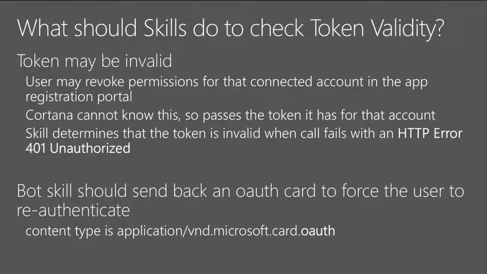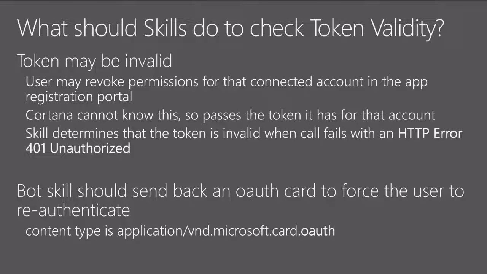Cortana has no way of knowing that. There's no kind of async ping coming through to tell it. So Cortana will still send the token through to your skill. So how do you figure out whether this token is still valid? Well, the simple way is just try and use it. You make a call for that secure data, and if you get back a 401 unauthorized HTTP status, then you know that token's no good anymore. So then you will know that you need to prompt the user yet again to re-authenticate.